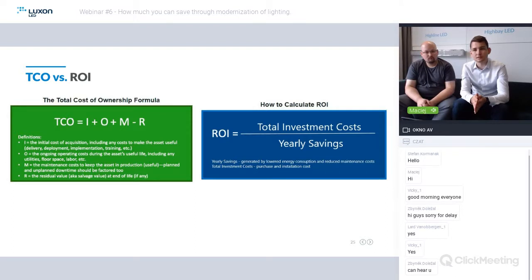This is an investment worth almost 1 million euro, and we got back to the client throughout the implementation, and they said that thanks to the new lighting, they increased by 900% the quality control indicators for checking the quality of the wood of the windows. We mentioned it last time, but I think it's worth getting back to this information because it's really important.